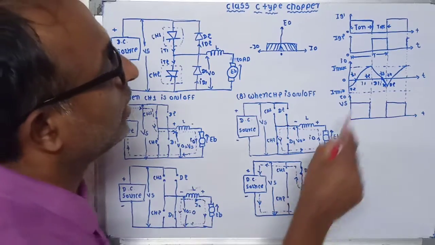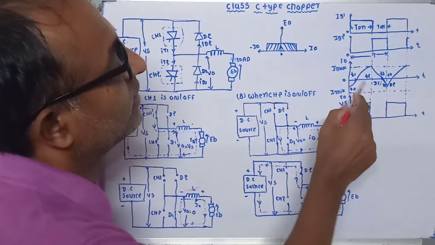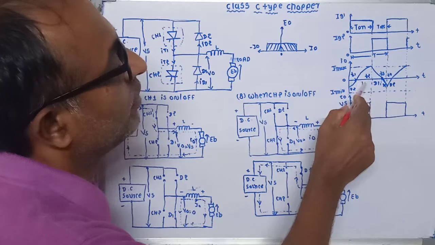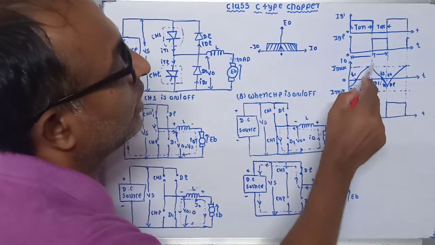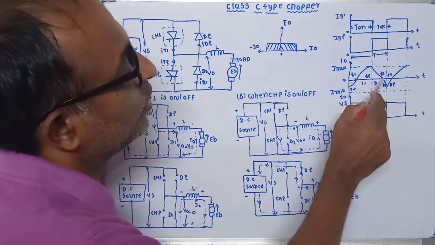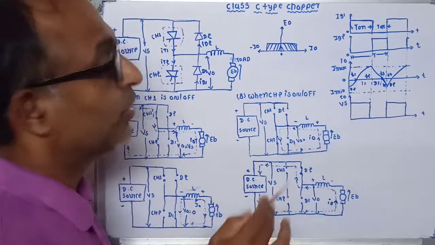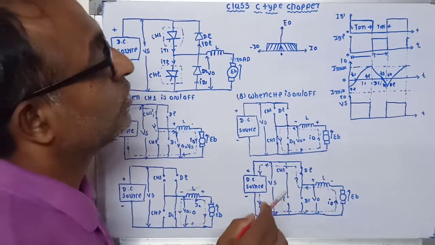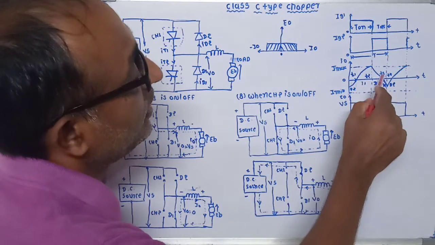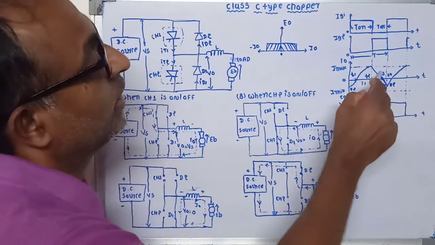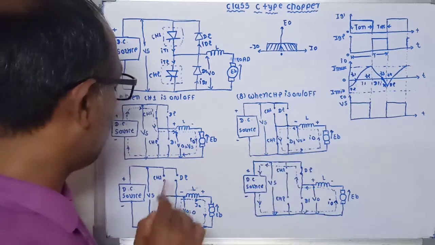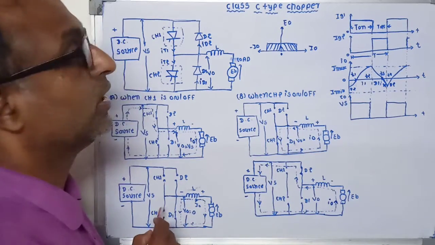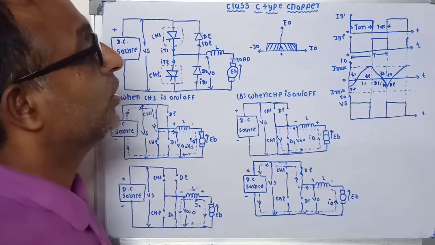From T1 to T2 the thyristor T1 is on, and after the maximum value at T2, diode D1 is turned on. Now at the T3 time, the gate pulse is given to chopper 2, but it will not turn on.